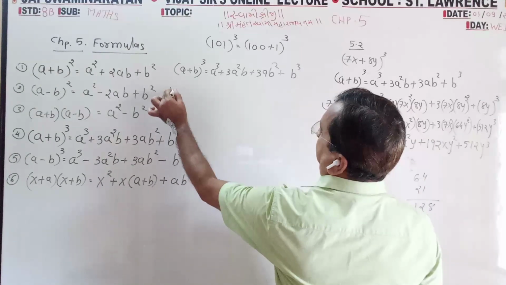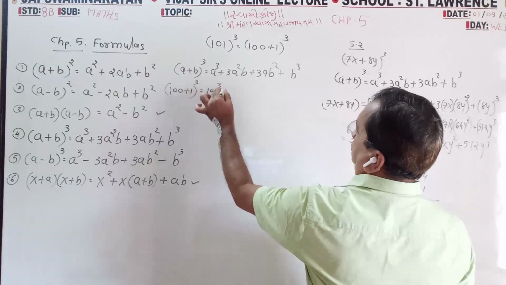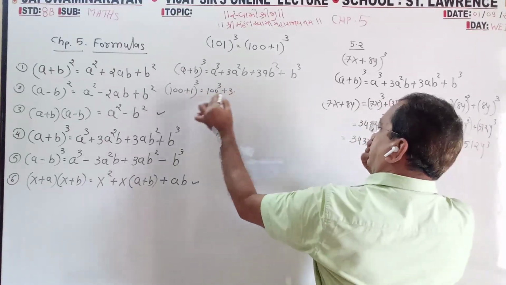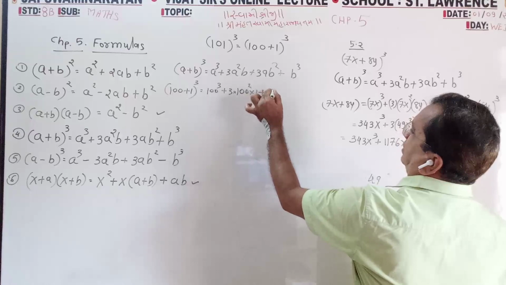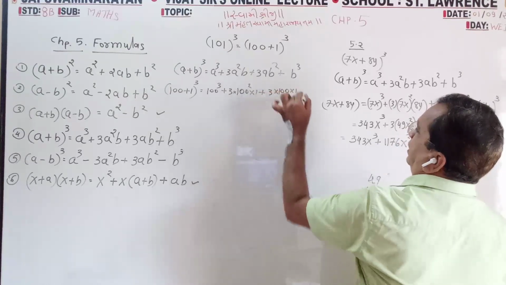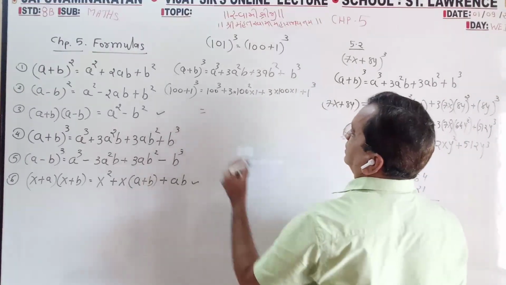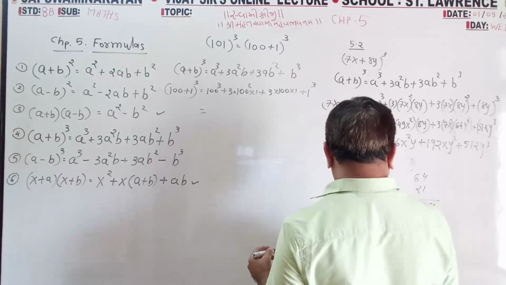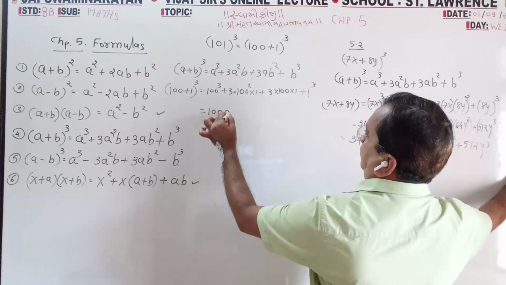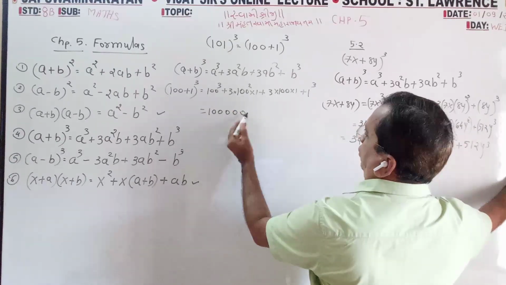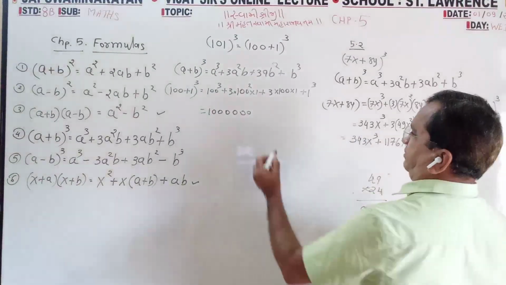So it is 101 cube: 100 cube plus 3 into 100 square into 1 plus 3 into 100 into 1 plus 1 cube. 100 into 100 into 100 means 1 and 6 zeros.